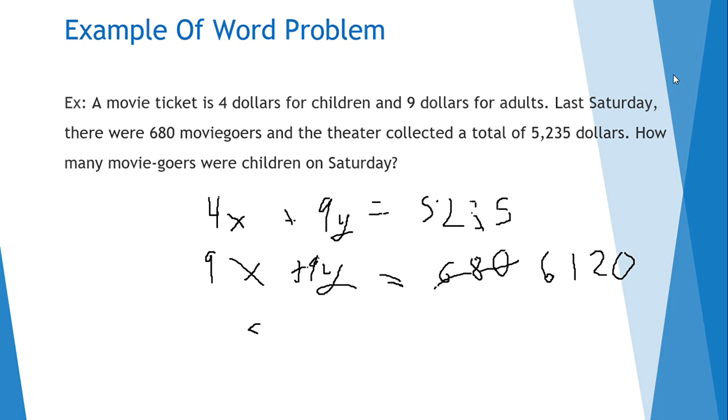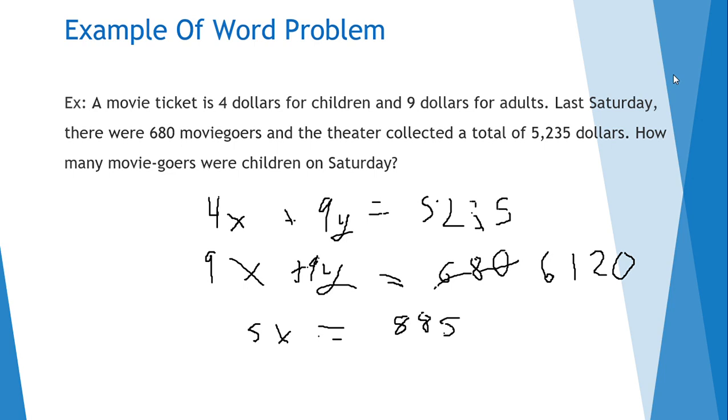So I would get 5x equals 6,120 minus 5,235. Again, I'm just going to do that on my calculator. If you don't have a calculator, you can always just subtract. And I will get 885.